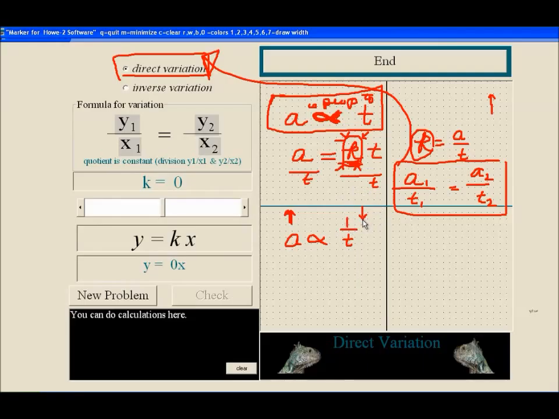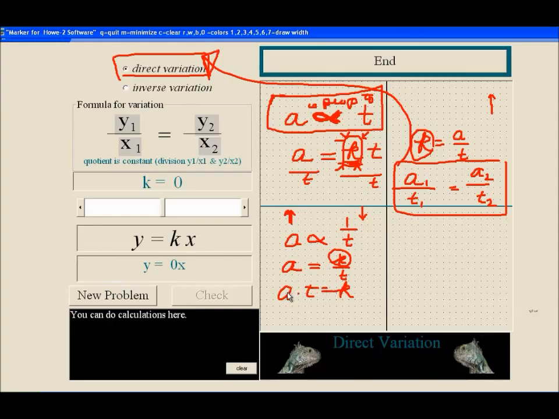Like the more pressure you put on a balloon, the smaller the volume, or something like that. So you could go from this proportional statement that's saying that as one thing gets bigger, the other gets smaller, and put in a constant of proportionality, put in an equal sign and put in a constant divided by T, and then solving for the constant, you get A times T equals K. This is no longer temperature and amount anymore.